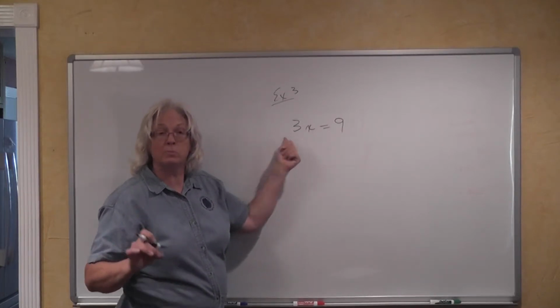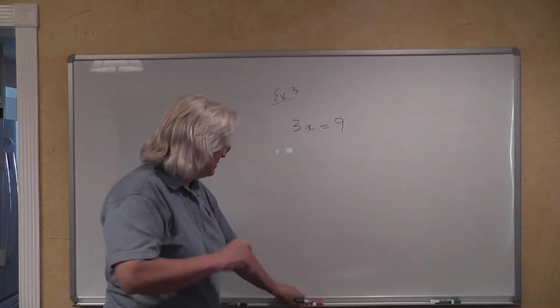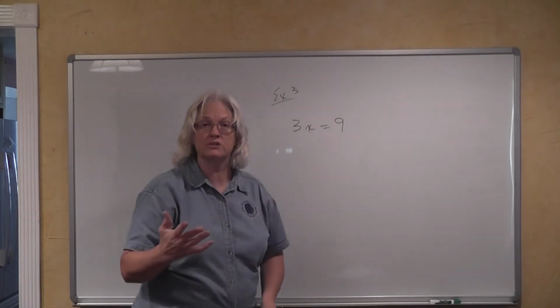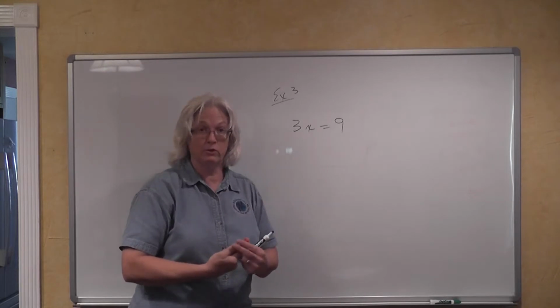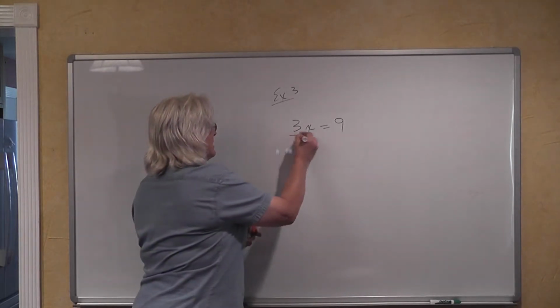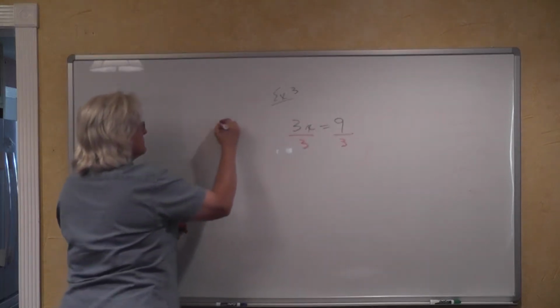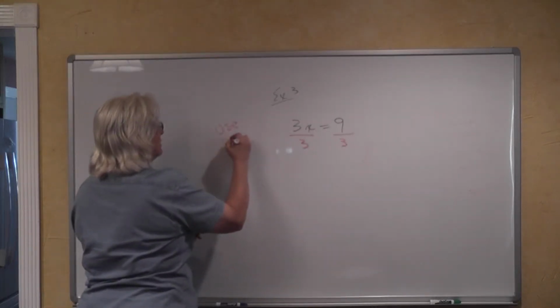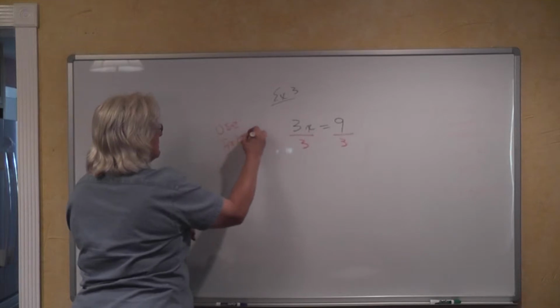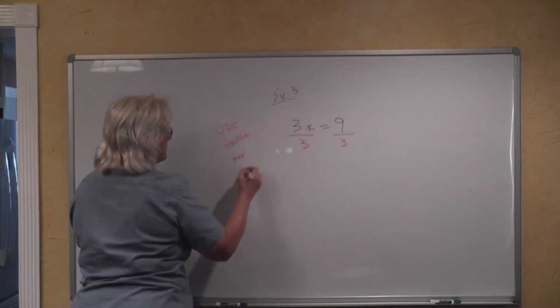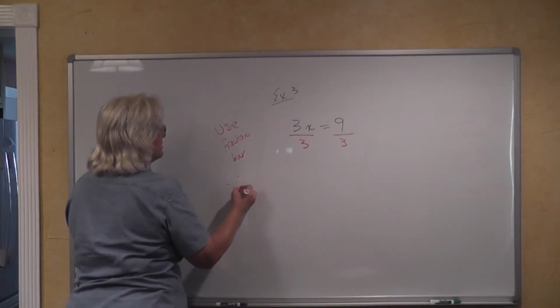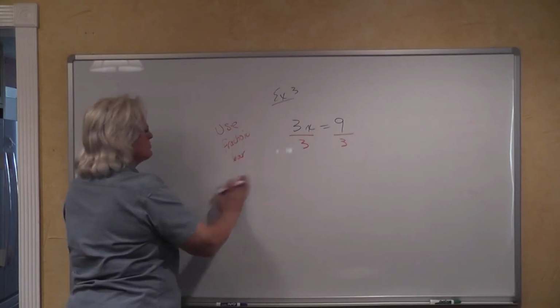We multiplied by 3. So what is the inverse of multiplication? Do you remember? Division is the inverse of multiplication. And I'm going to say use the fraction bar, because this is going to make your work so much easier rather than that little raised dot thing that you have to work with. Use your fraction bar.